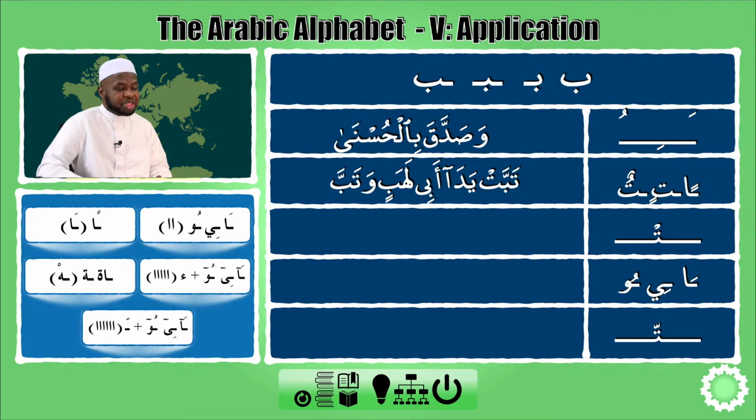Now we have over here, I have extended it 5 points. Tabbat yada abi lahab. We have explained this in the previous episode that when you have an extended letter that is followed by Hamza, usually, in fact, always in the Quran, you will see this wave form or wave symbol on top of the alif or on top of the ya or on top of the waw.